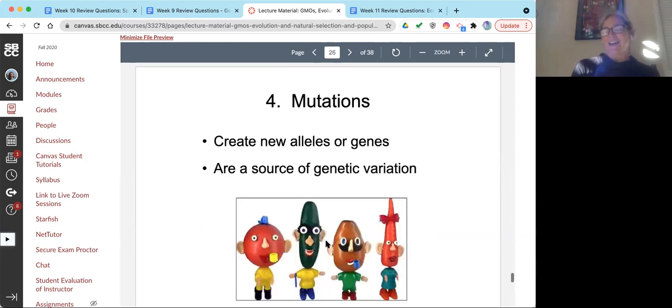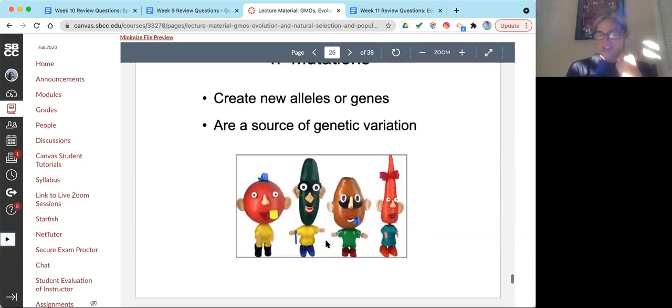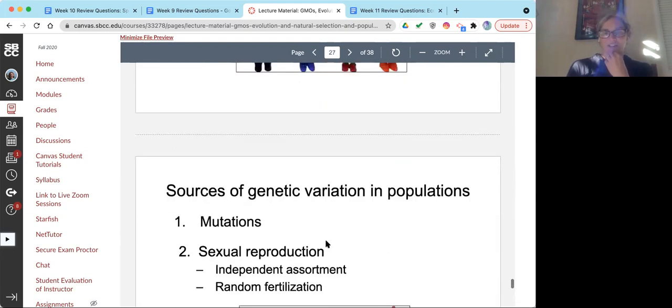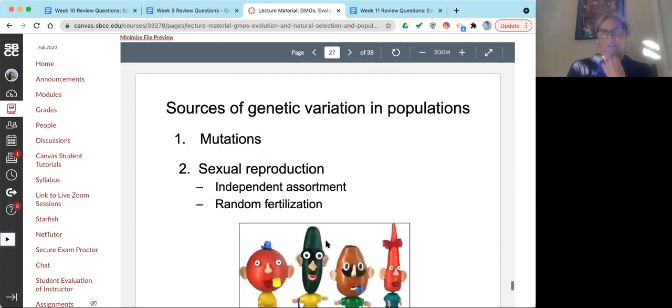And we have our two sources of variation in the populations. And the initial source of variation, the ultimate source of variation, again, is mutations, right? Mutations are what lead to new alleles. And we know from our genetics lessons that alleles are alternative versions of genes.